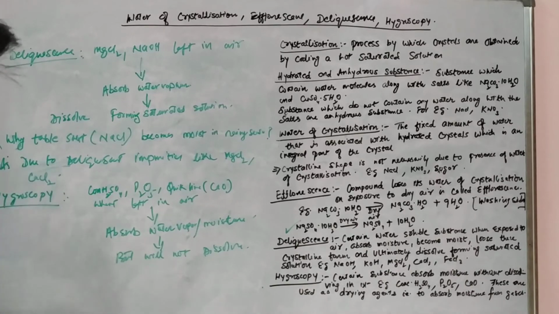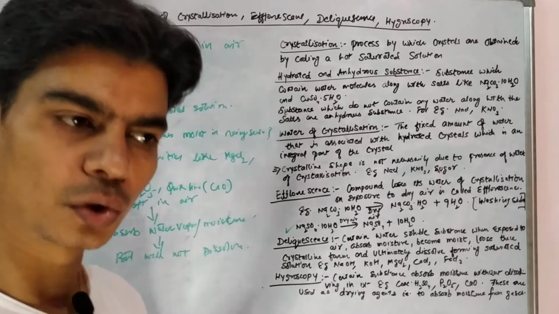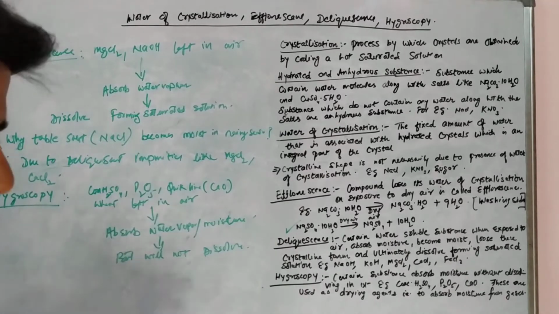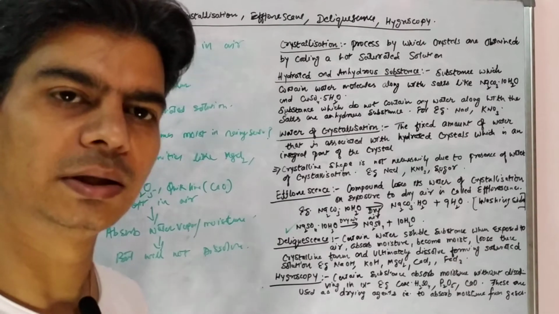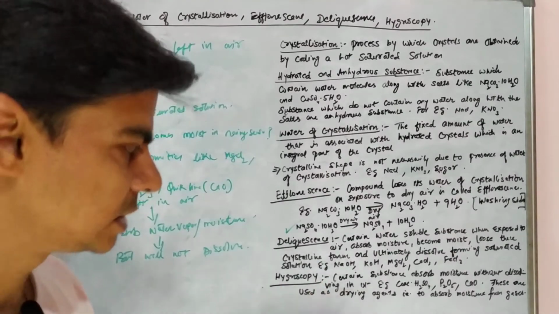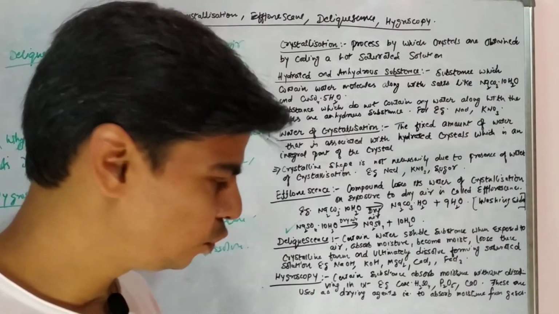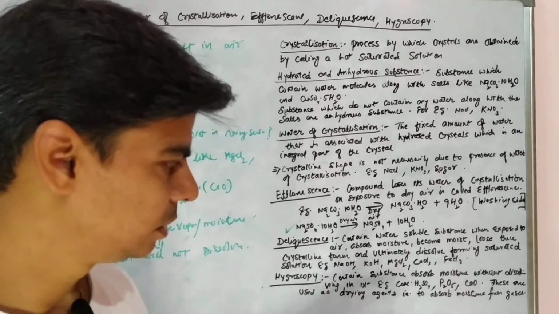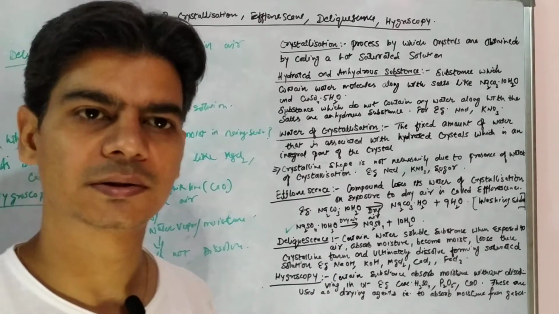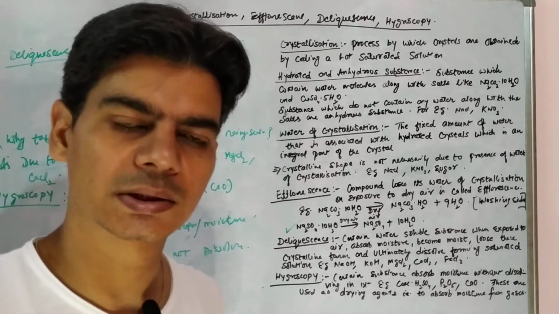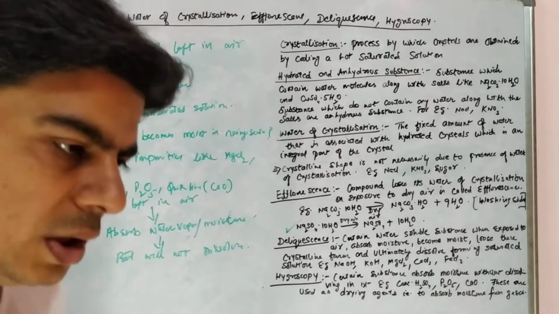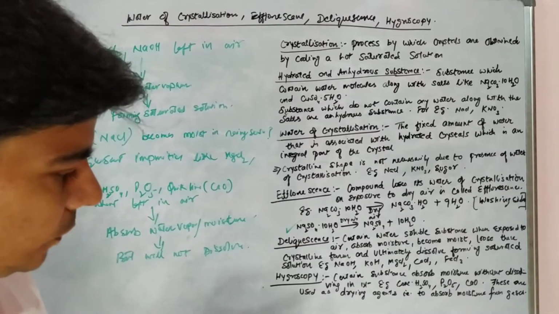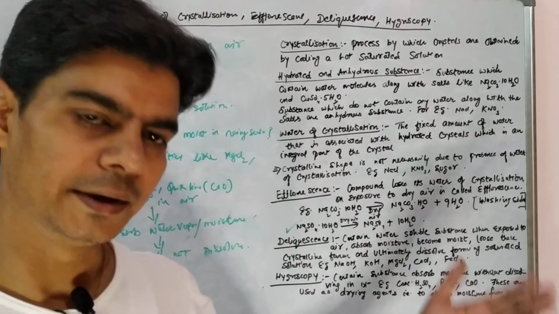Since they absorb moisture from air but will not dissolve in the absorbed moisture, all the hygroscopic substances are also used as drying agents to dry gases. If you prepare gases in the lab, or in future lectures when we study the preparation of gases like chlorine, ammonia or sulfur dioxide, these gases are dried.